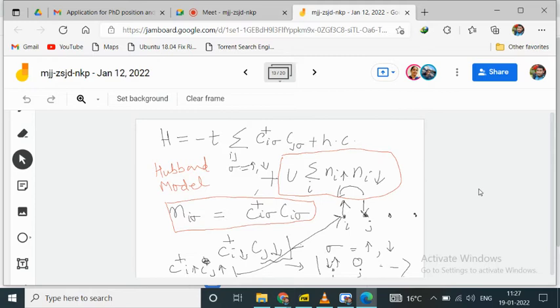You just have the term minus t c dagger i c j sigma plus Hermitian conjugate. What do you think should be the ground state of this model and how will you find it? That is what we do most of the time in condensed matter physics: the first thing you do is find the low energy properties of the system, the ground state and low energy excitations.